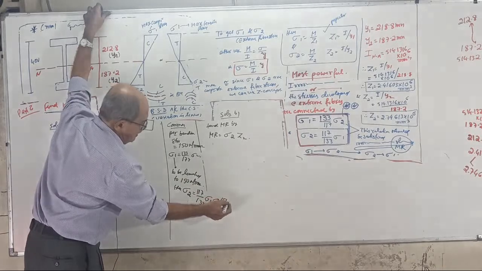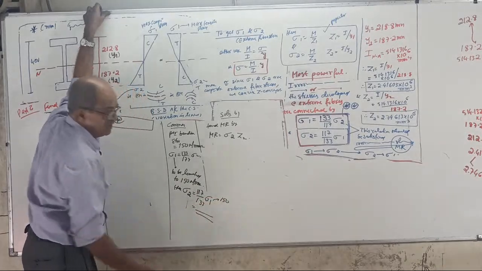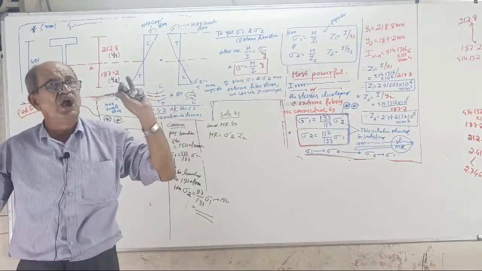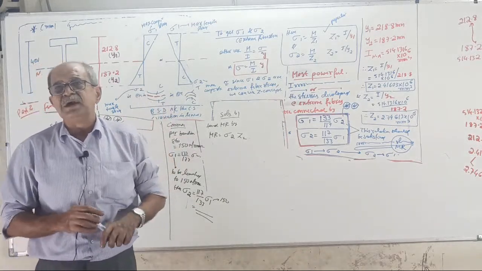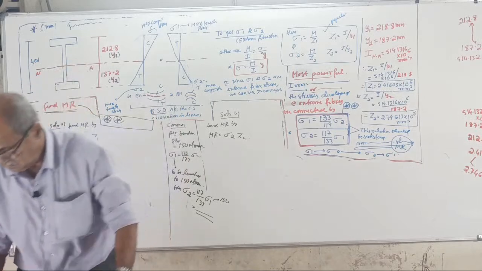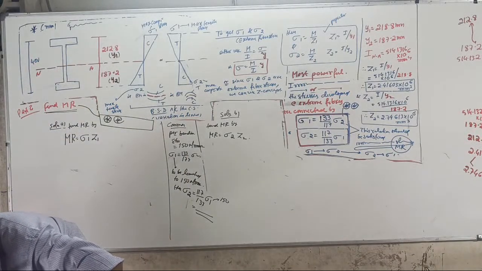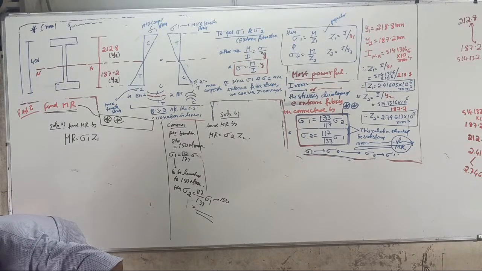Sigma 1 is 150, so what is sigma 2? Tension or compression does not matter here. How much is sigma 2? When sigma 1 reaches 150, how much is sigma 2?